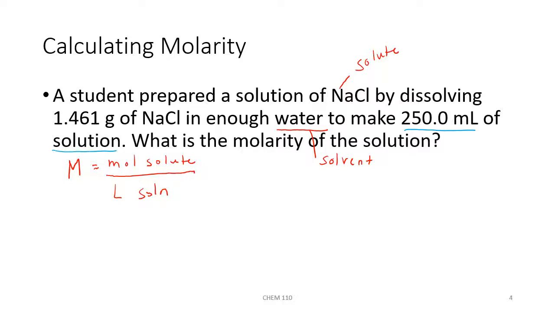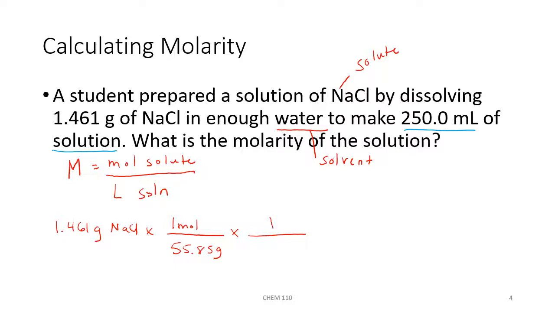So in order to calculate molarity, we need to figure out what our moles of sodium chloride are, and then divide by our total volume in liters. We have 1.461 grams of NaCl, and in order to convert our grams into moles, we'll have to determine the molar mass. 1 mole of NaCl is 55.85 grams. That would give us just the number of moles.